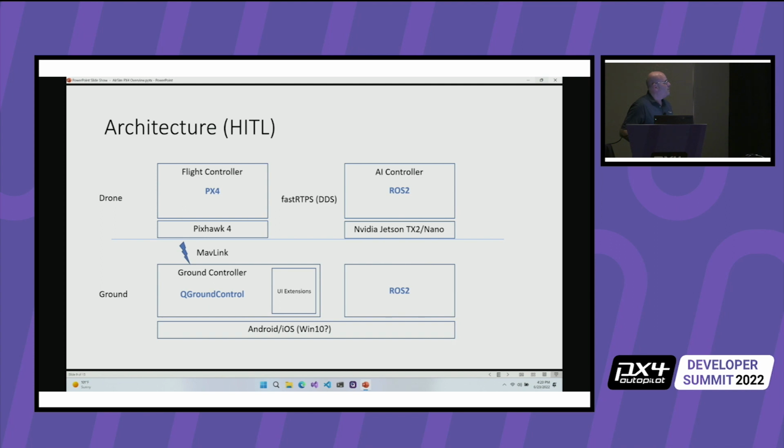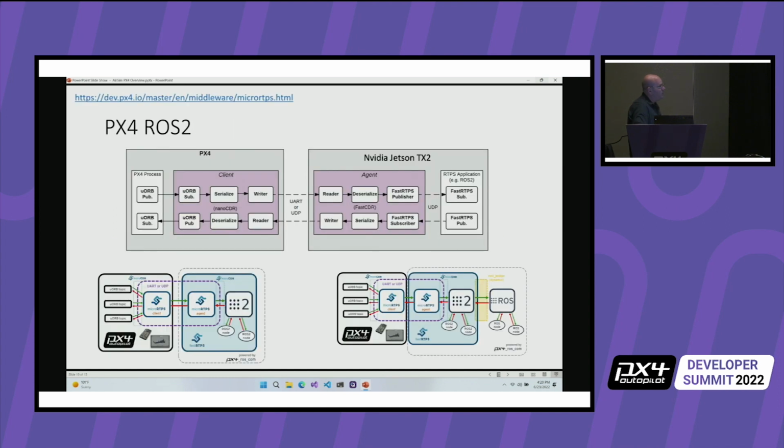But in this scenario, I'm running the Jetson TX2 as this companion computer. And so we're running, in this case, the Linux version of ROS 2 here. And then you could also run ROS on the ground controller so that those two would communicate together. So this is sort of the pattern that I started with to build this.